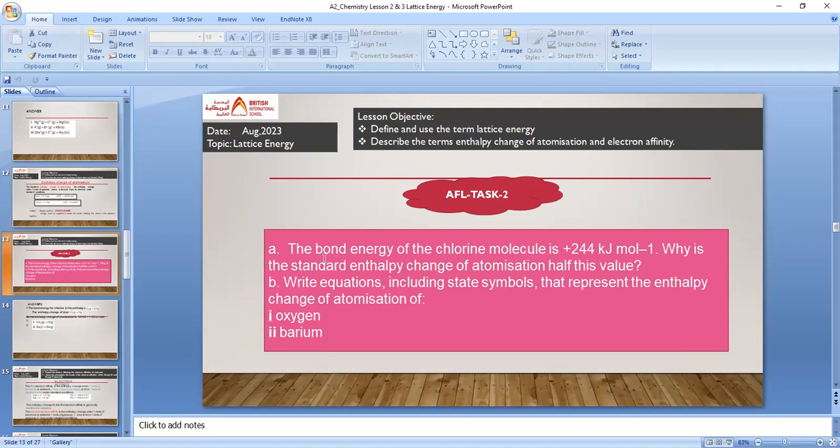The bond energy of the chlorine molecule is plus 244 kilojoules per mole. Why is the standard enthalpy change of atomization half this value?